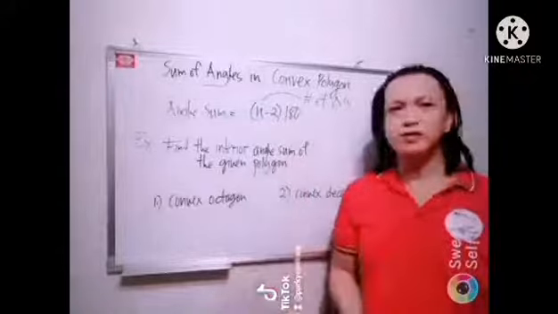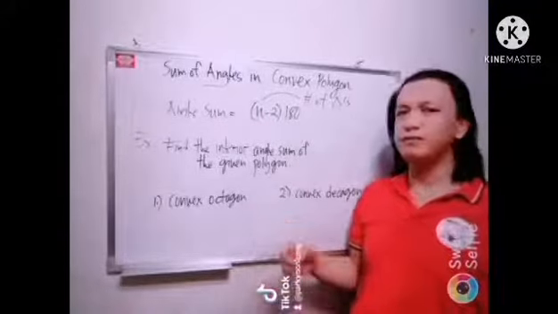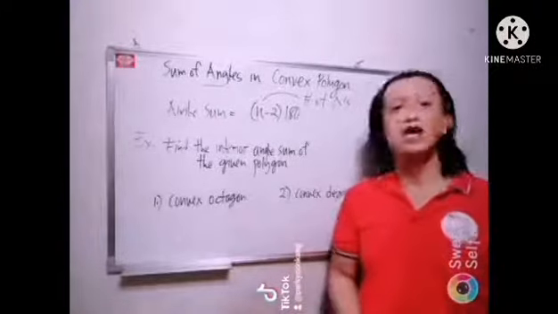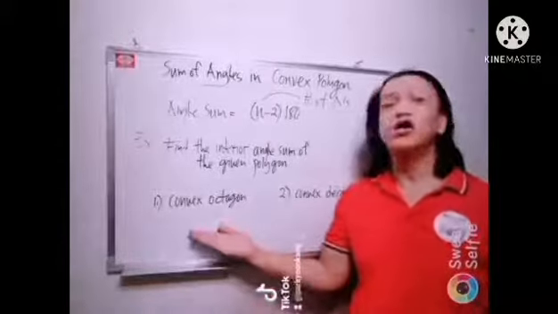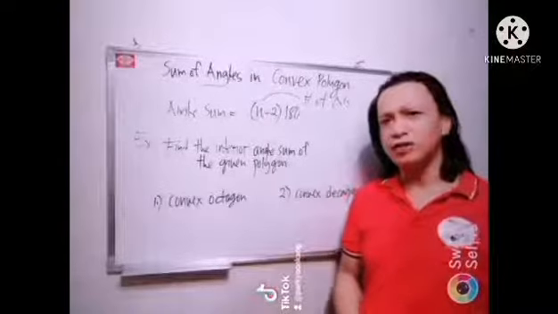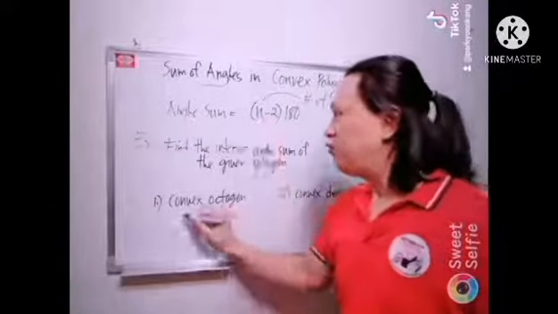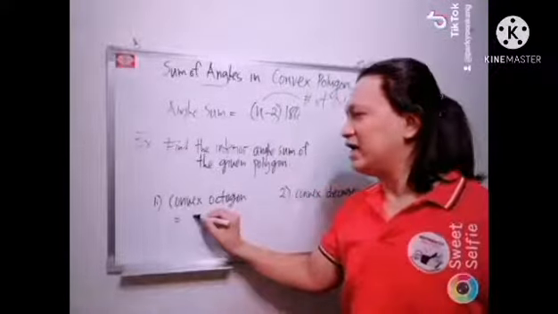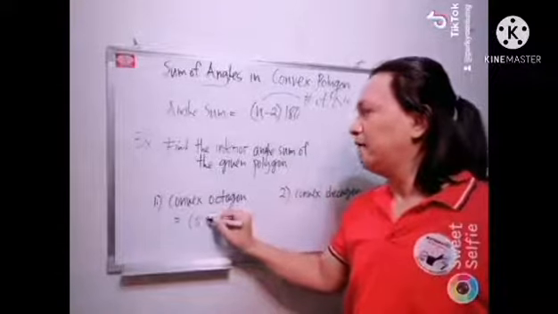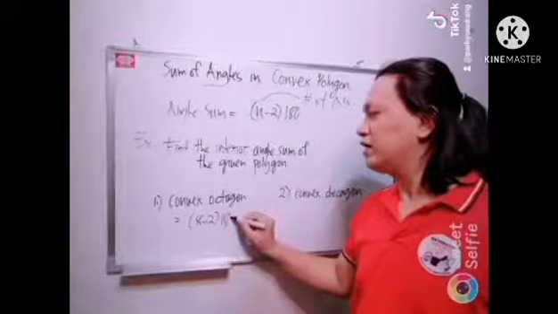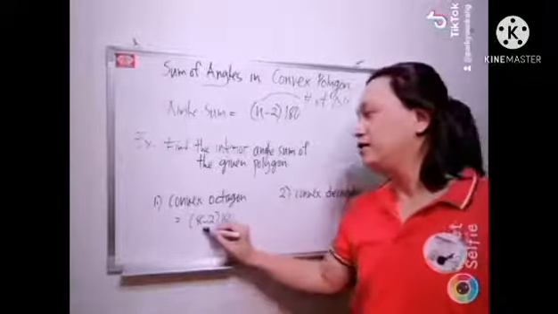We are going to answer the questions for number 1 and 2. Find the interior angle sum of the given polygon. For number 1, convex octagon. How many sides does it have? There are 8. If we substitute, n is 8, so 8 minus 2 times 180. What is 8 minus 2? That is 6.